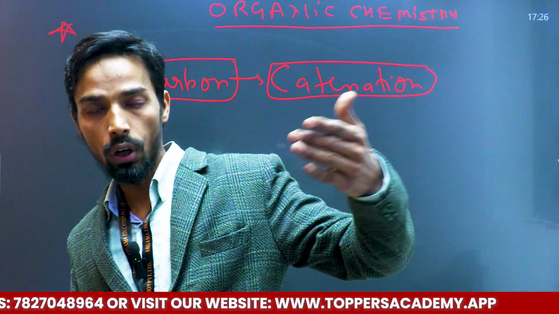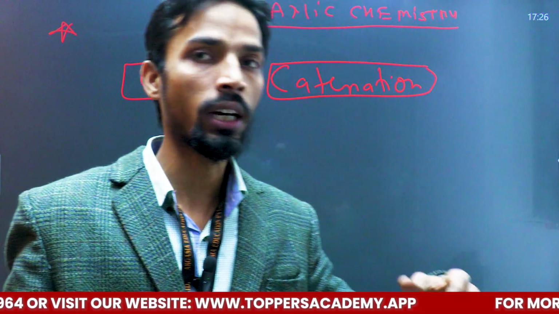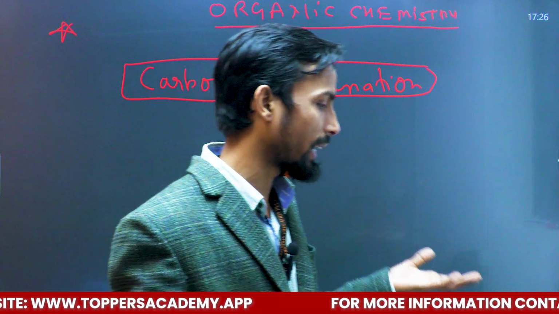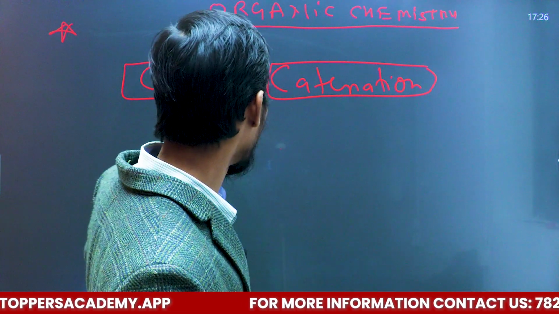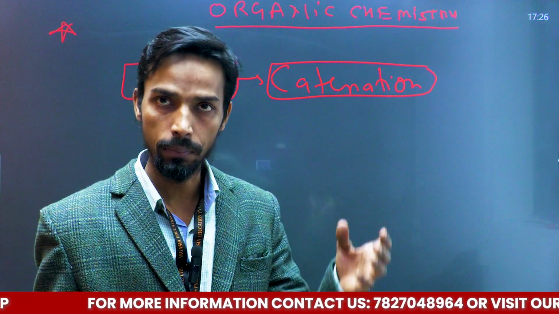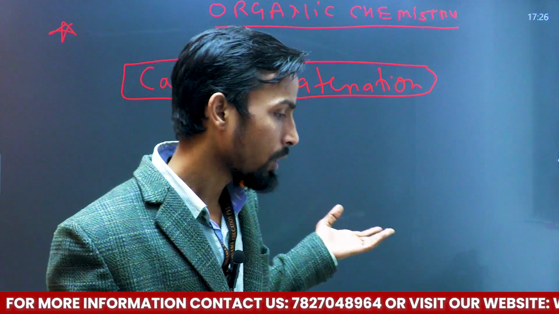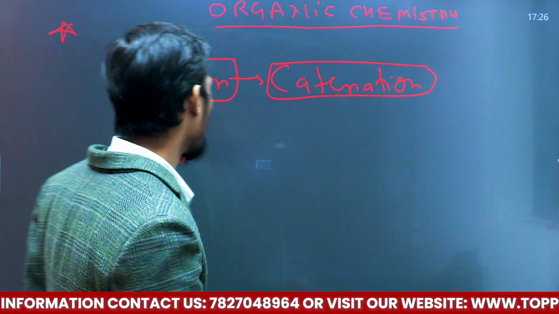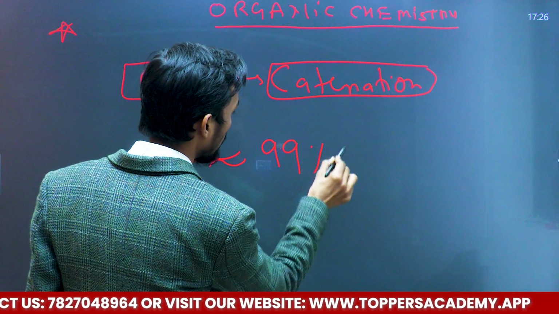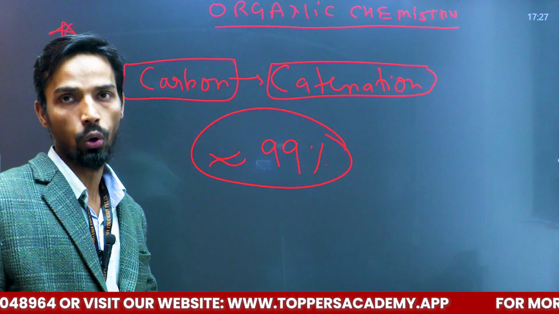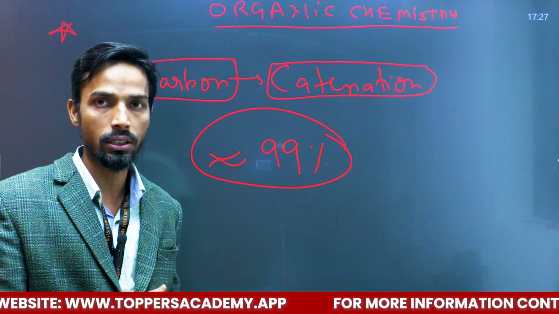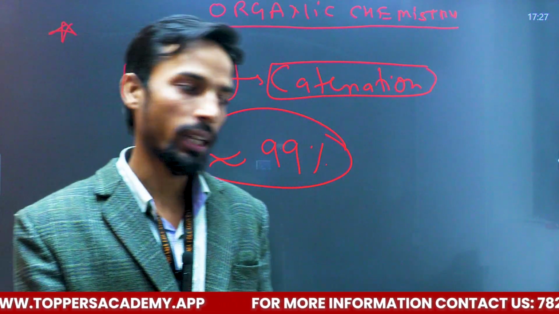It also does so with other elements like nitrogen and oxygen. So it possesses the property of catenation, and that's why it is studied separately. A vast number of carbon containing compounds exist. It will be a surprise for you that nearly 99% of compounds are organic compounds. All the natural compounds in our body, in our cells, are generally organic compounds.